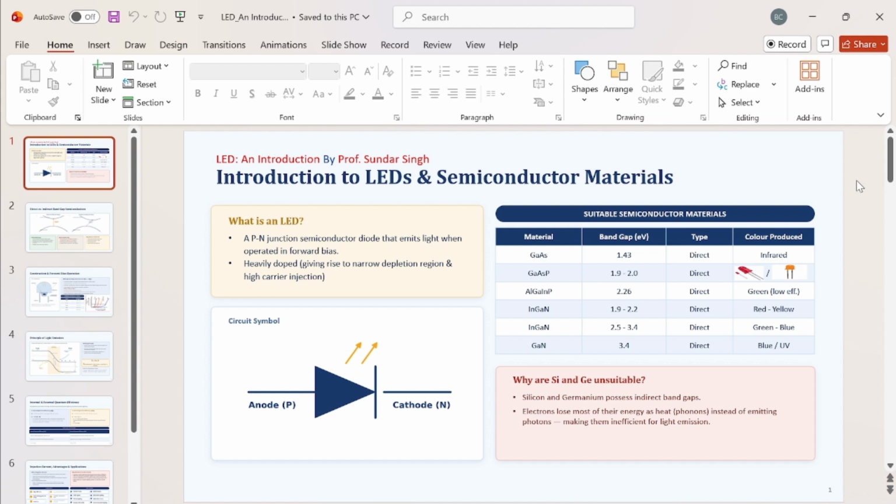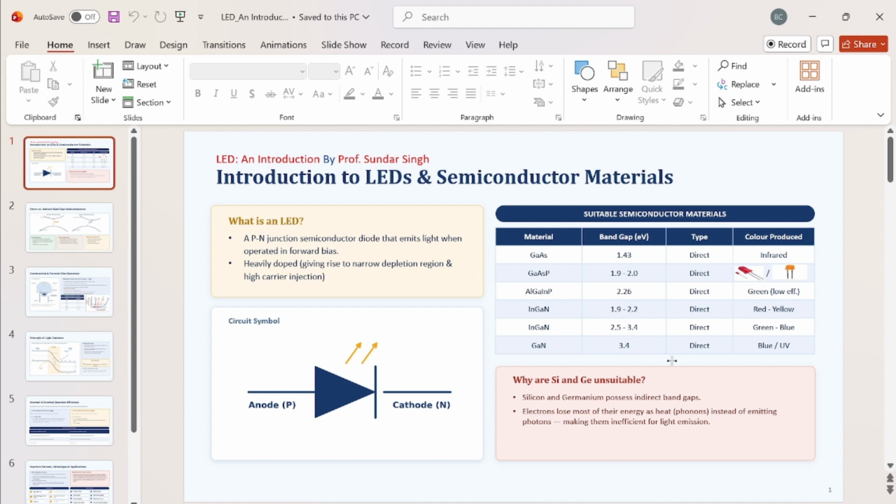Now, not all the materials which are suitable for the construction of a PN junction diode are suitable for the construction of a light emitting diode. Here in the table, I have listed some of the materials which are suitable for constructing a light emitting diode: gallium arsenide phosphide, aluminium gallium indium phosphide, indium gallium nitride, and some other materials also.